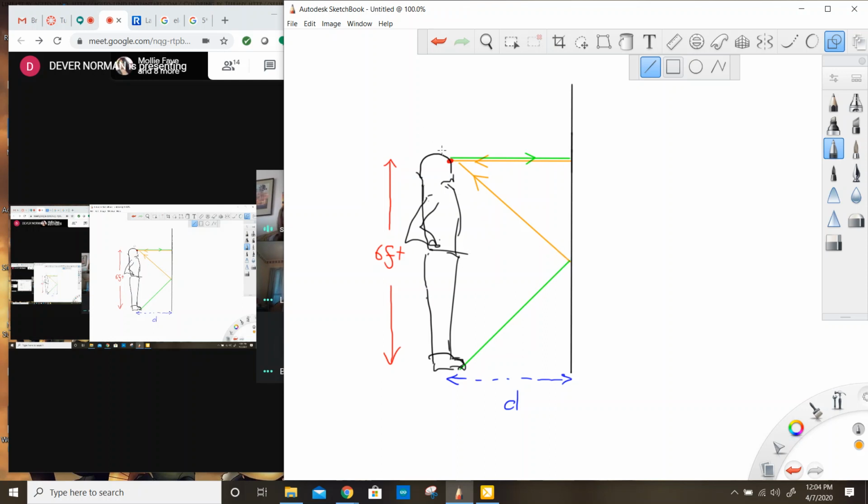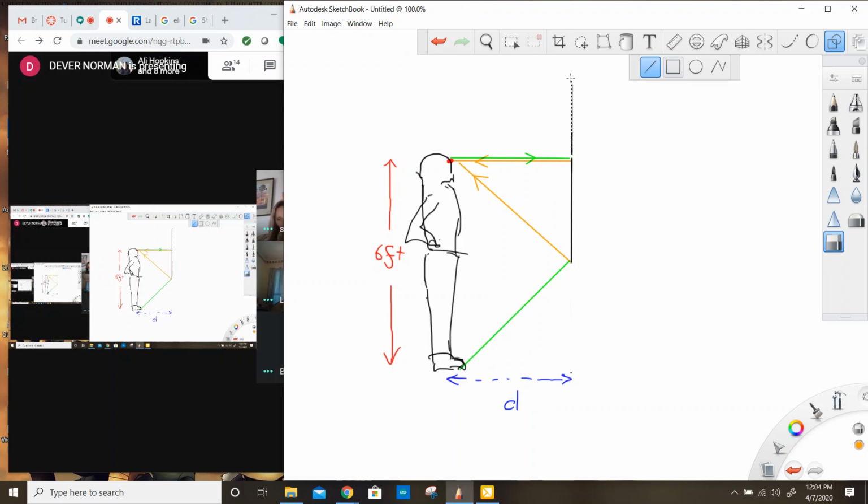So, look what we can do. We can erase everything from here down. We don't need it. We can also erase everything from here up. We don't need it.